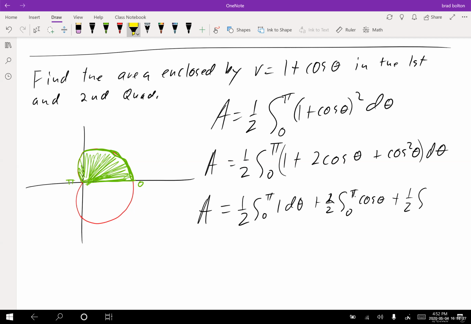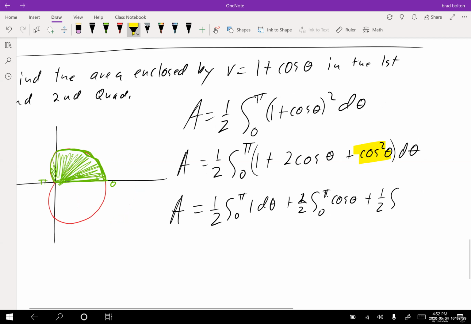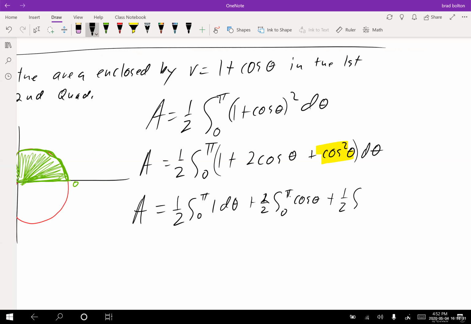So I'm going to take this guy and clean him up using that same reduction, but this will be 1 plus cosine 2 theta all over 2 d theta. And let's see here. So area equals, what would this be? Theta.